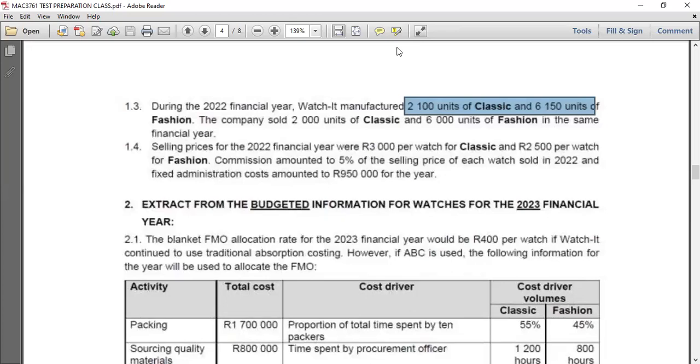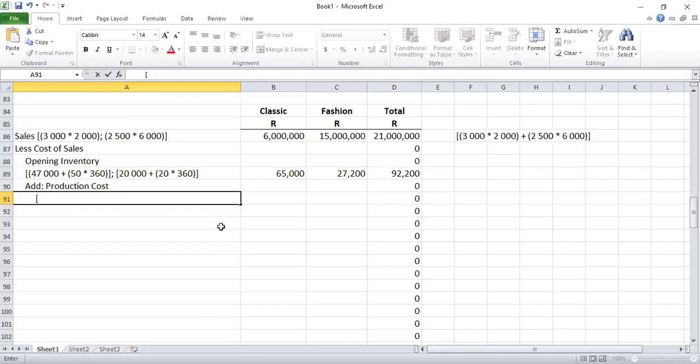So all production costs will be multiplying by 2,100 and 6,150, except the closing and opening inventory, which will use different units. So we'd say 200 multiplied by 100. Then 200 multiplied by 6,150.